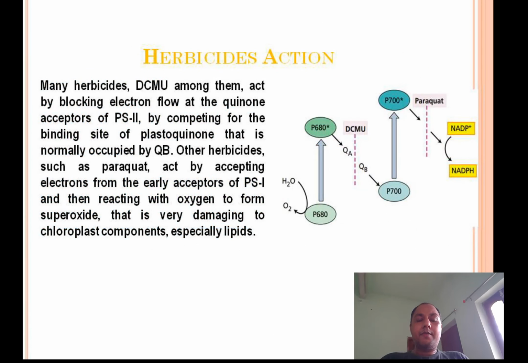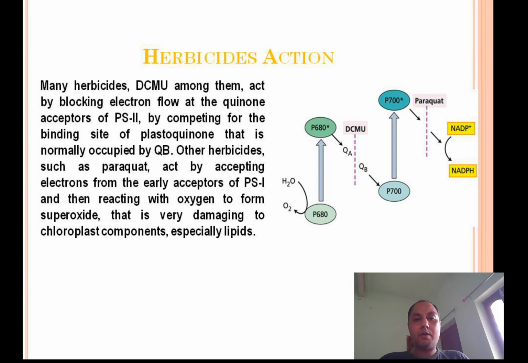Now finally we are going to consider whether there is any herbicide which acts in this light reaction. Yes, DCMU is the major herbicide that acts on the plastoquinone binding site.